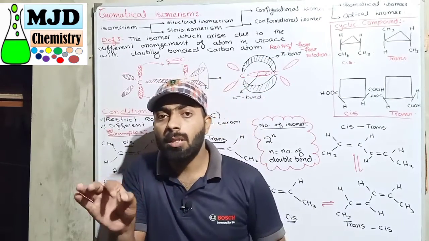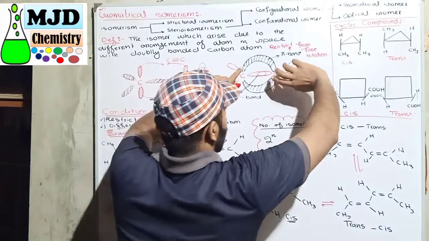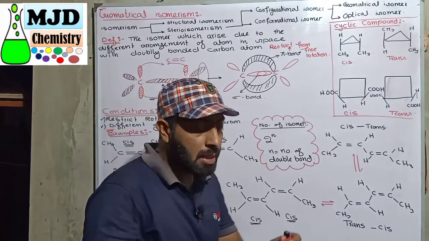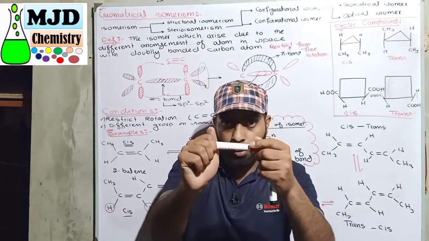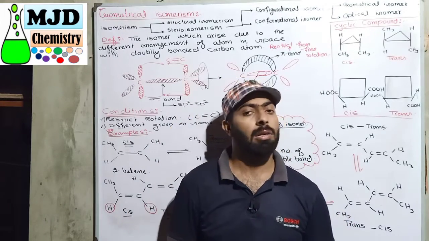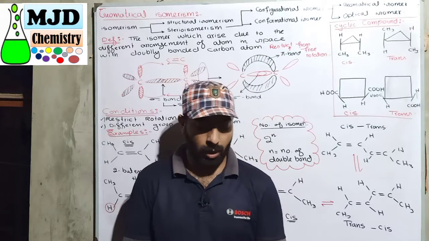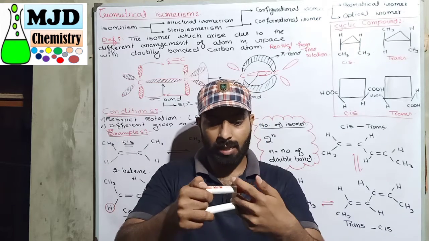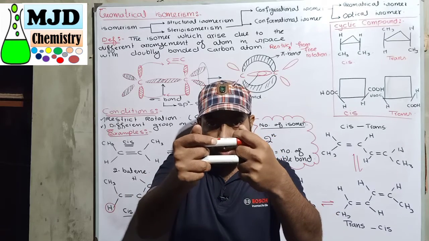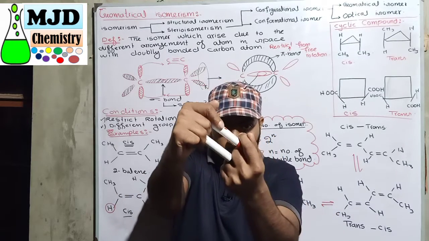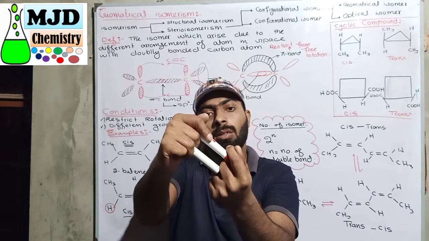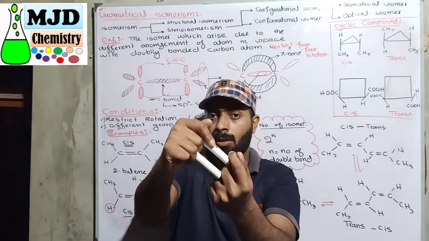When the pi bond is formed, this carbon cannot rotate. A single bond is easily rotated in this direction, but a double bond cannot easily rotate. If we hold the board markers in this way and I try to rotate these two board markers with force, at one position they cannot be further rotated.